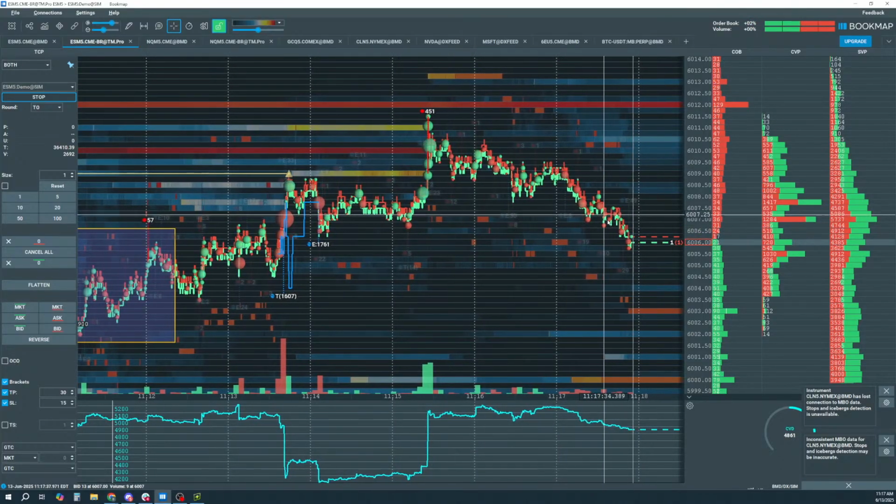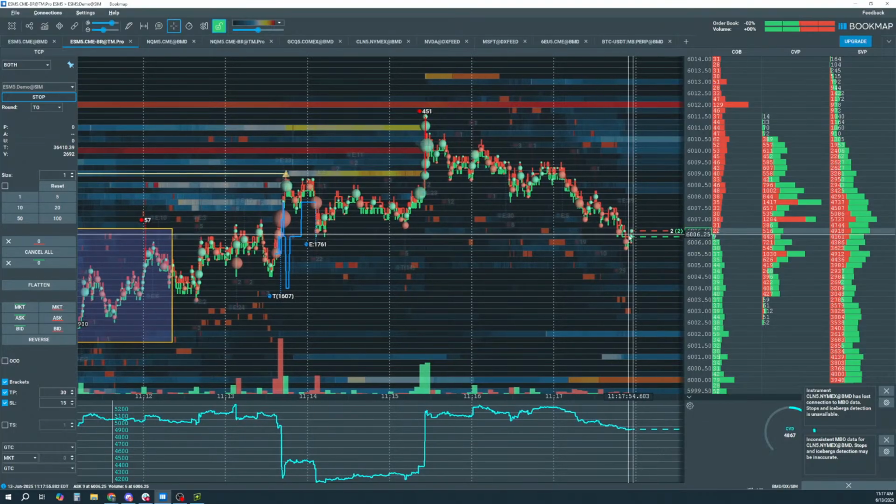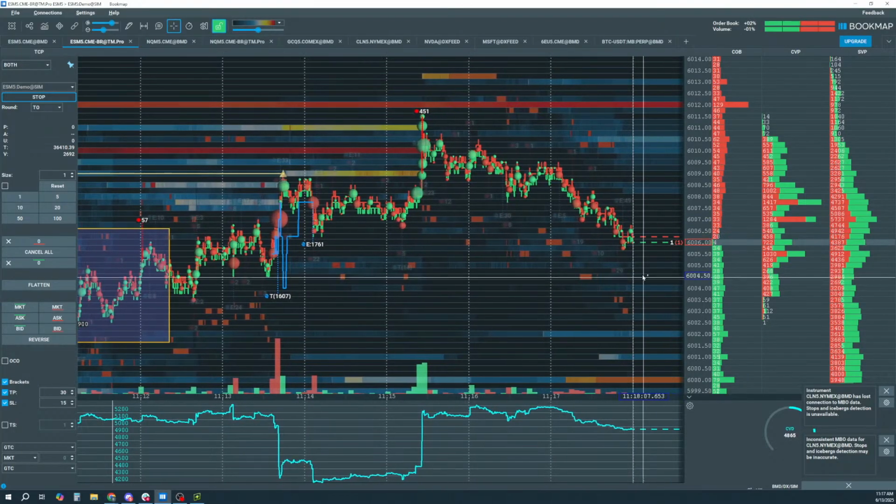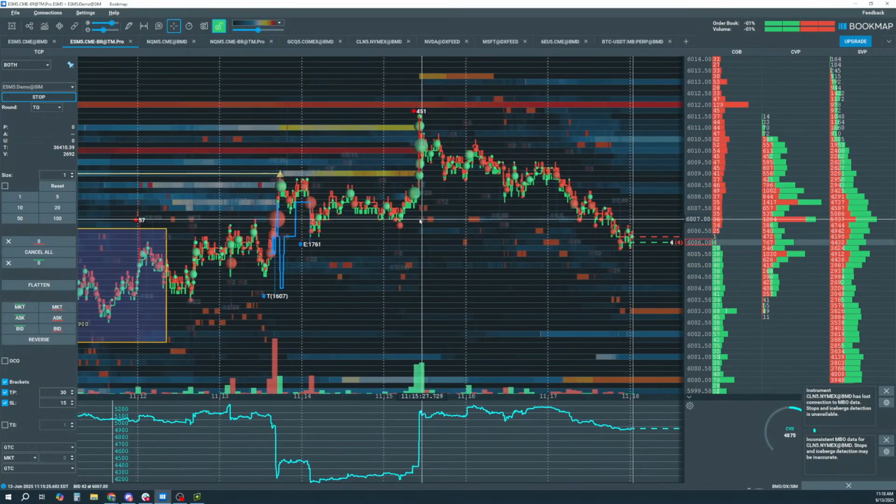And now we're seeing more of the grind move to the downside here after the stop run.